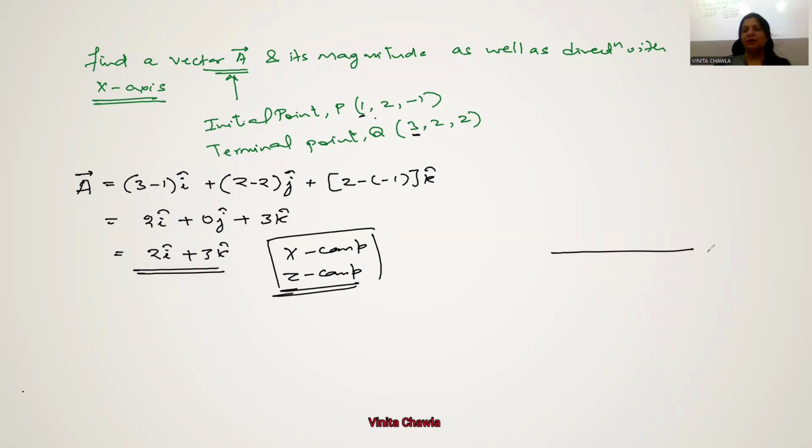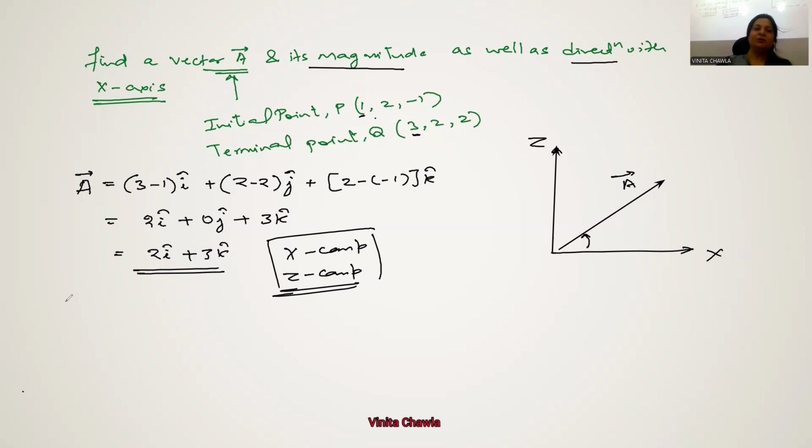If we consider x-axis here and z-axis here, this is a vector. So we have to find the magnitude, which we can find very easily, and the direction with x-axis. This is the direction with x-axis of this vector A.